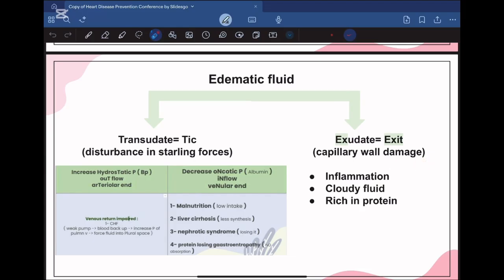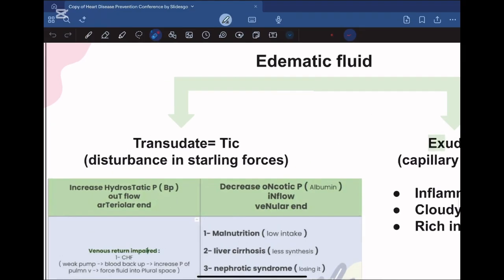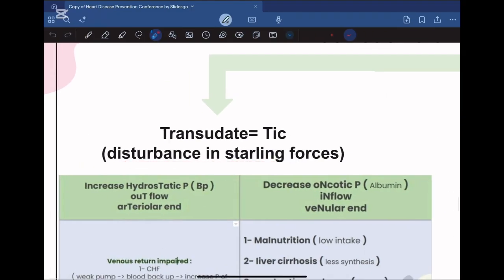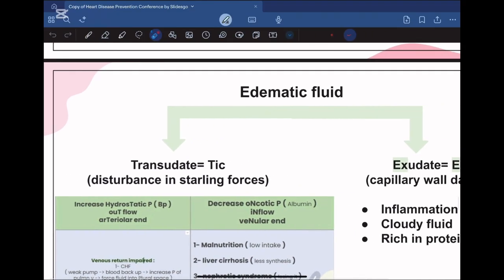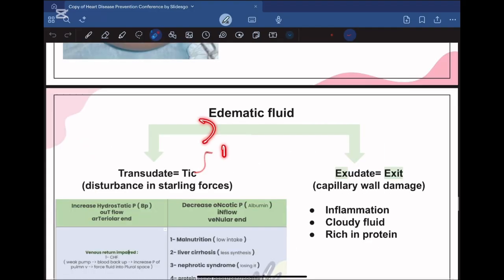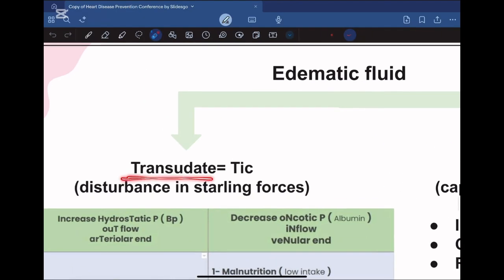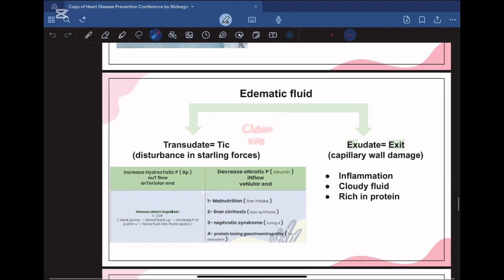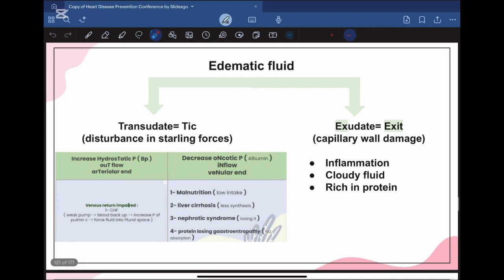Okay, now for transudative fluid, which is basically a disturbance in the Starling forces. I always remember the transudative in the word thin. We will have the hydrostatic, oncotic and lymphatic. Okay. And the transudative fluid will be clear, meaning there will be no proteins. It's only responsible for the Starling forces as we discussed.